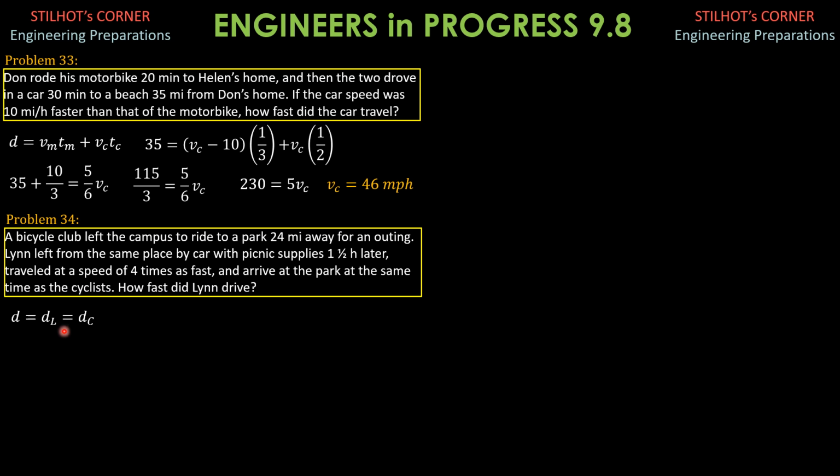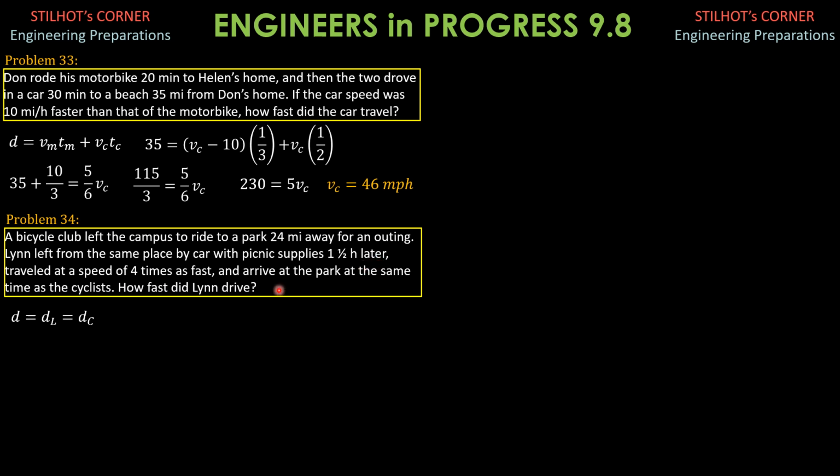The distance that Lynn traveled is 4 times the rate of the cyclist, times travel time, which is t. That equals the distance traveled by the cyclist, which is the rate of the cyclist, v sub c, times the travel time of the cyclist, which is 1.5 more than Lynn's travel time t.